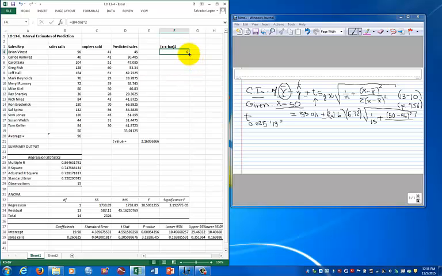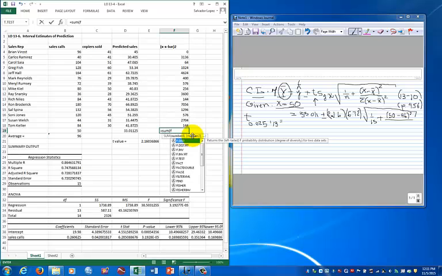Then copy it to the remaining values here. Those are all these squared differences. And let me sum these values from F4 through F18.